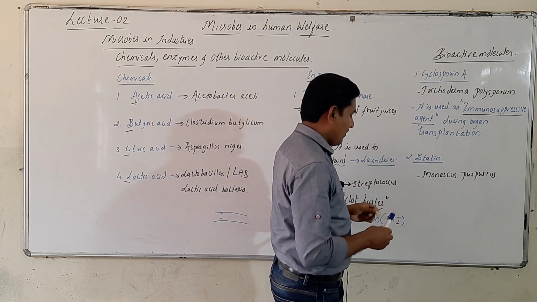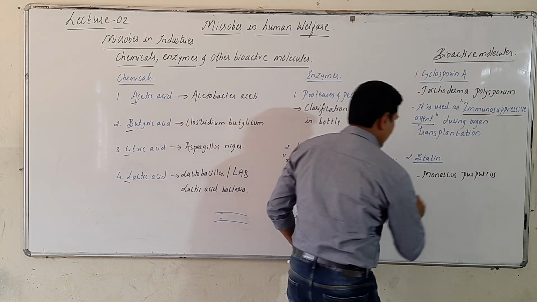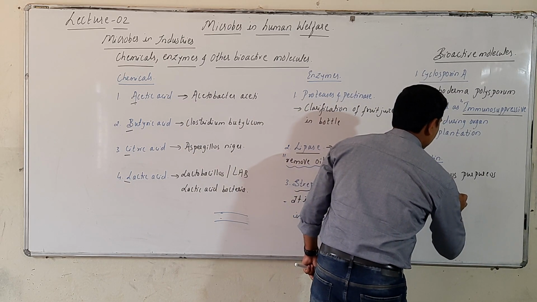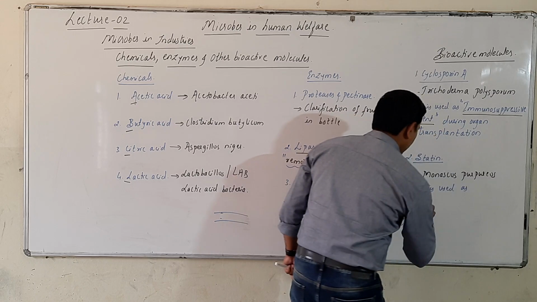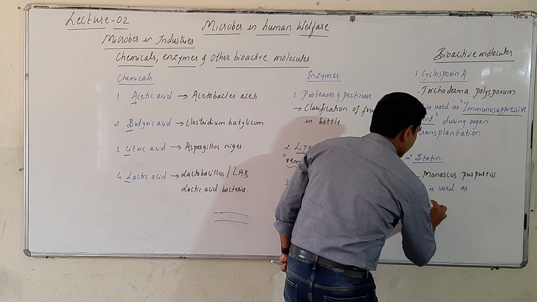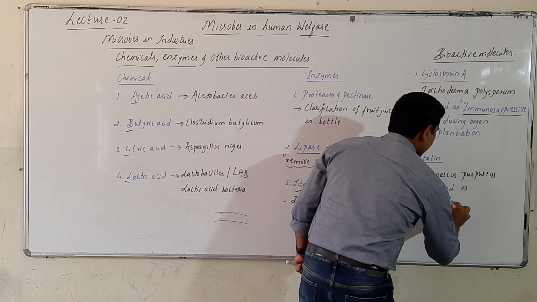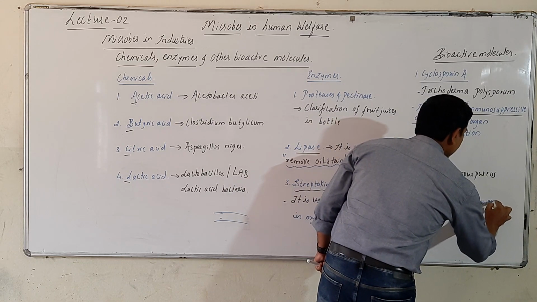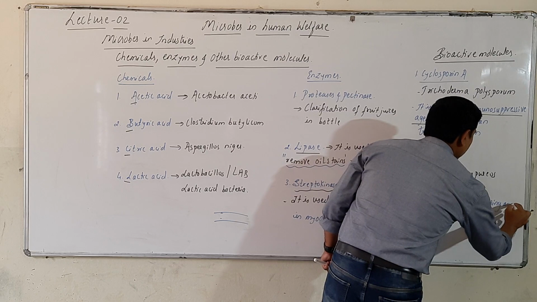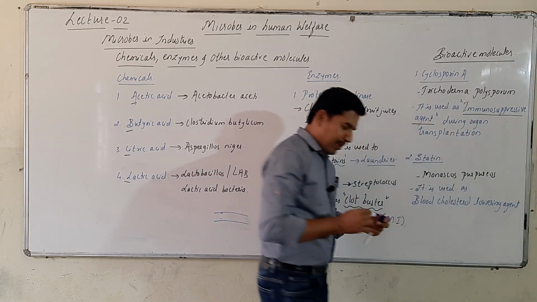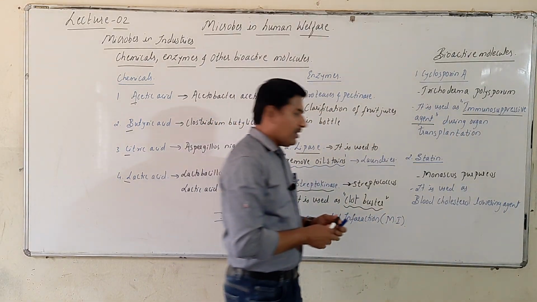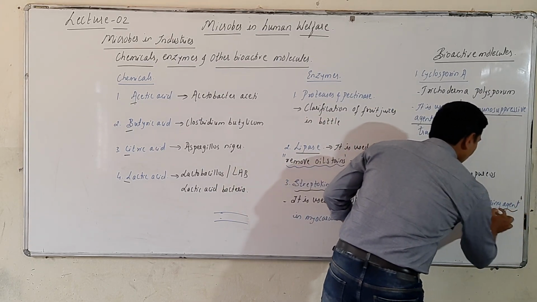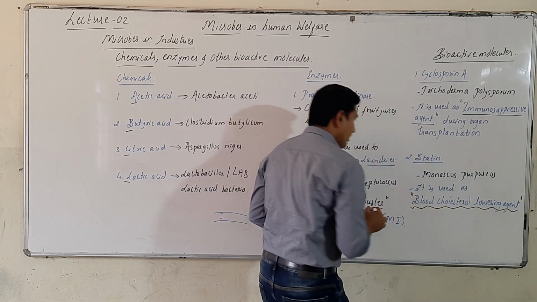Then statin, it is used as a blood cholesterol lowering agent. Look at this, this is also most important. Now this is used as a blood cholesterol lowering agent. Which one?